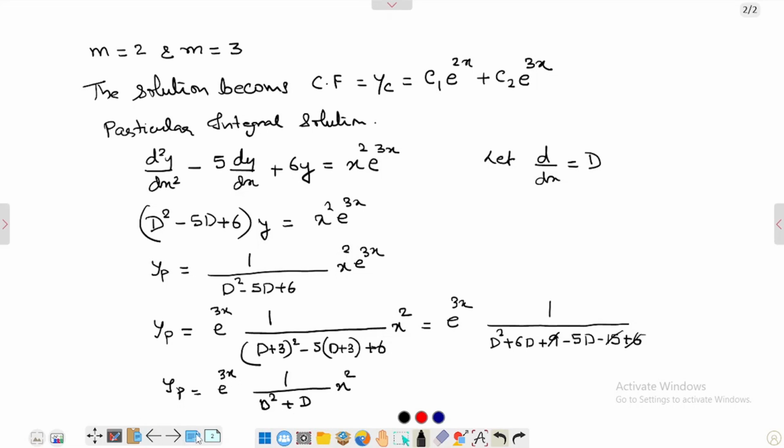Now when you get this kind of equation, I will write down the equation again here so that I can write down the steps one by one, so that I don't have to go back to the previous page and look back at the solution each time. When you get this, I will take e to the power 3x common, and I will say 1 divided by, I will take d common, d plus 1, acting on x squared.